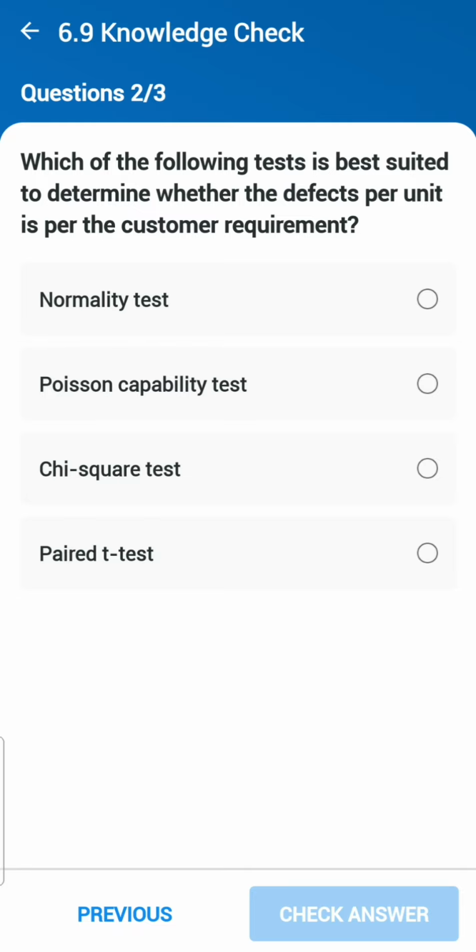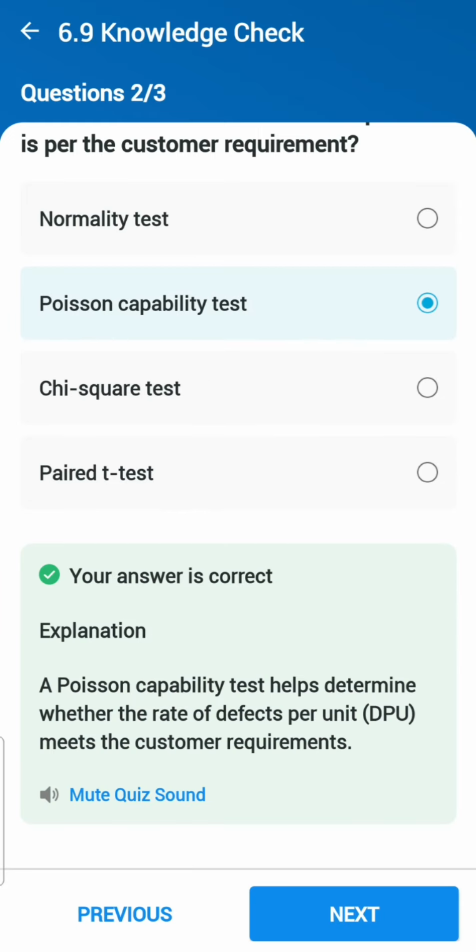Poisson distribution is what we can use. We can do the Poisson capability test in process capability. A Poisson capability test helps determine whether the rate of defects per unit, DPU, meets the customer requirement.